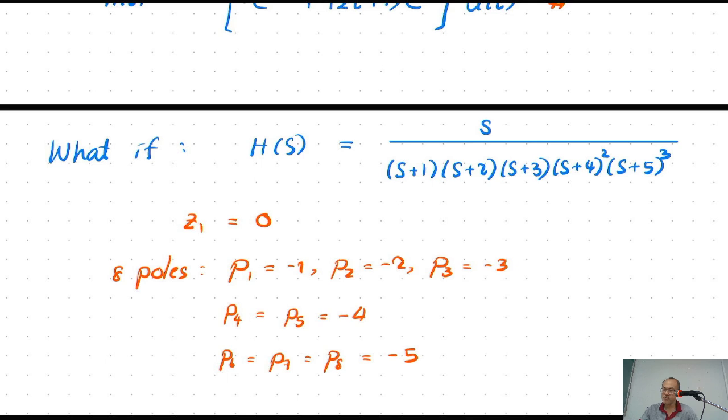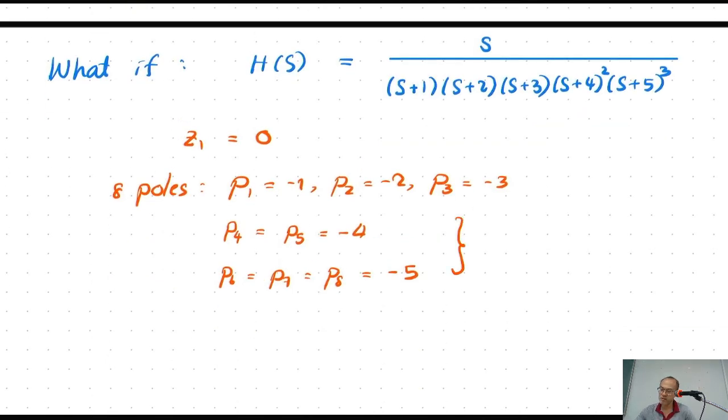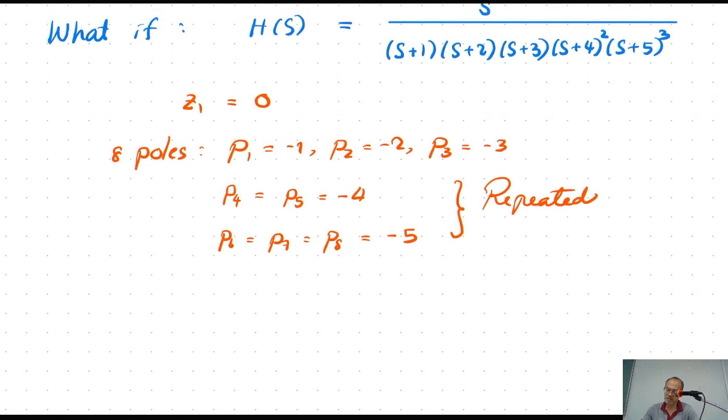So because there are repeated poles, the partial fraction decomposition would have to be H(s). For the non-repeated poles, things are simple, right? Life's simple. So we have K1 over s plus 1 plus K2 over s plus 2 plus K3 over s plus 3, right?